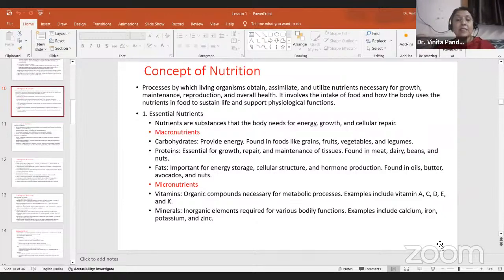So vitamins A, C, D, E, and K provide very important compounds for the body, which is extremely important to run our metabolism. Then minerals are also required for the body, like for example, calcium, iron, potassium, and zinc.